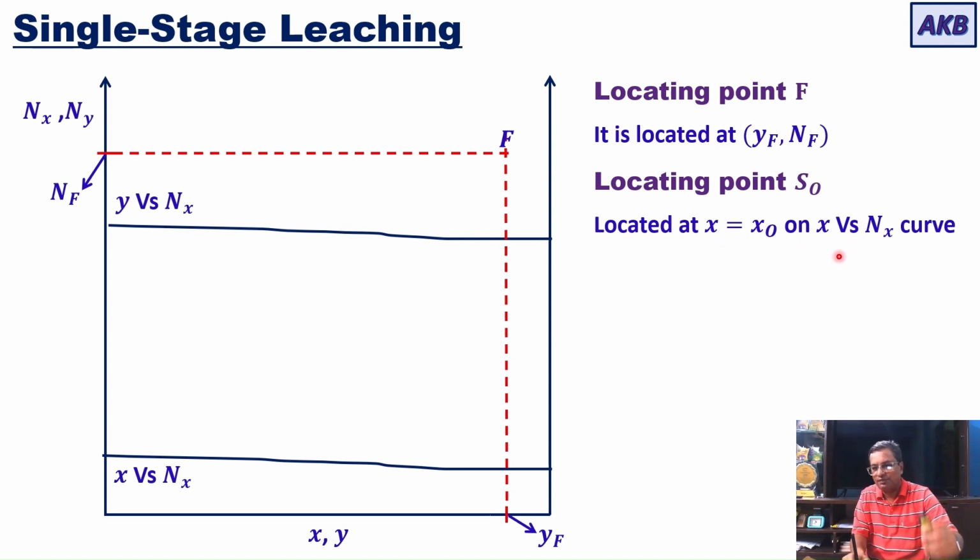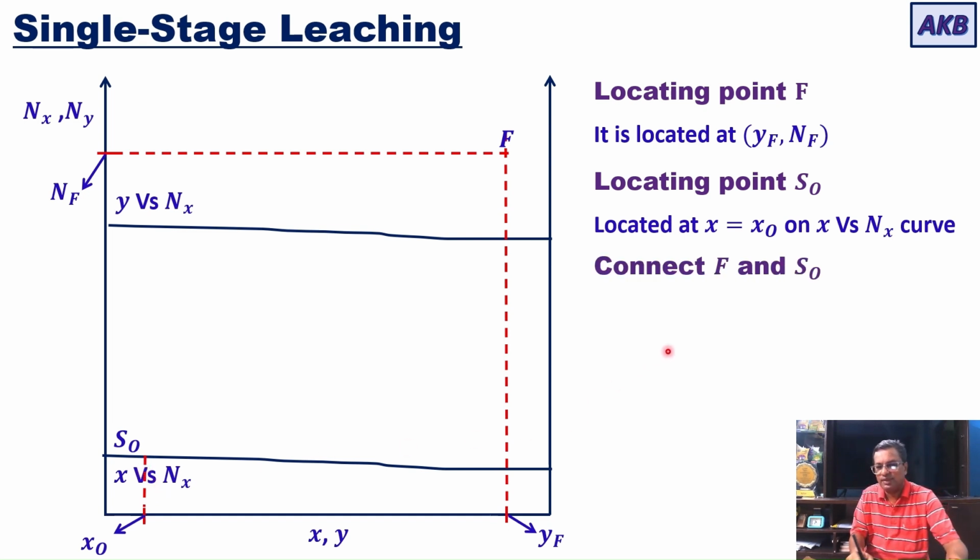I am showing the case where the curve is above the x-axis. Most of the time, the curve will coincide with the x-axis because there will be no solids in the overflow. So, point S0 has to be located at x equal to x0. I will mark x0, go to the curve, and locate point S0 over here.